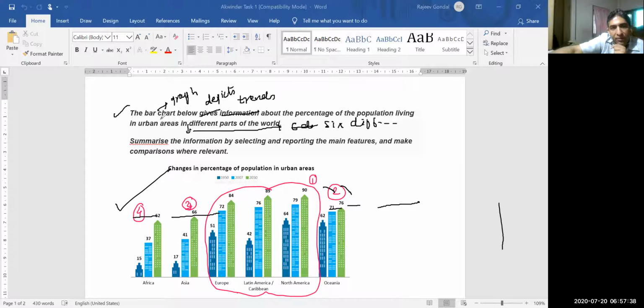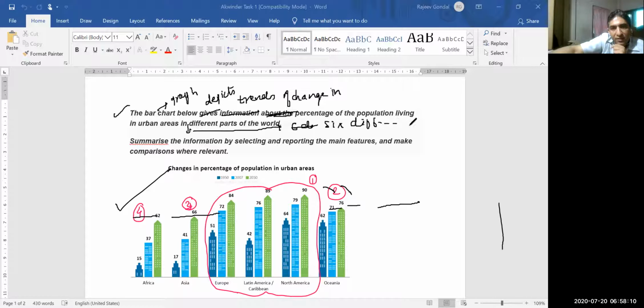The bar graph, so instead of chart, you're writing graph, below depicts trends of change in the percentage of population living in urban areas in 6 different regions of the world.